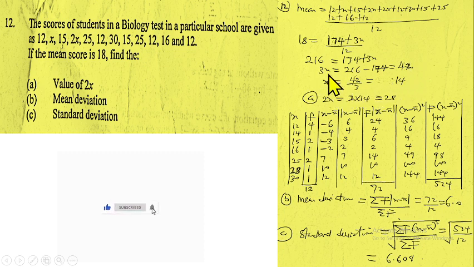Then you can divide both sides by 3, so x will be 42 over 3, which is 14. So the value of our x is 14, but you have to find the value of 2x, which should be 2 times 14, and that should give us 28. So that means this is 28 here, and this is 14 here for this number.